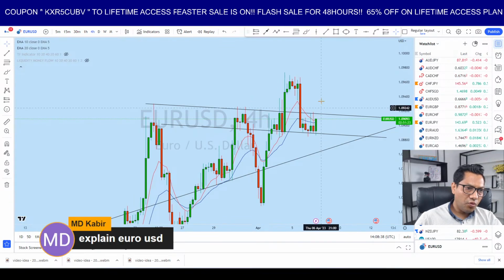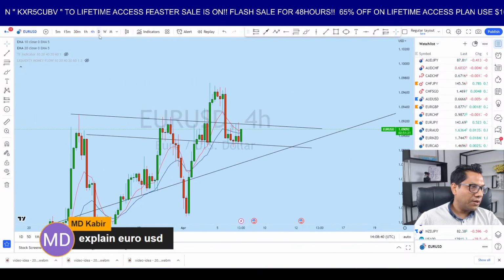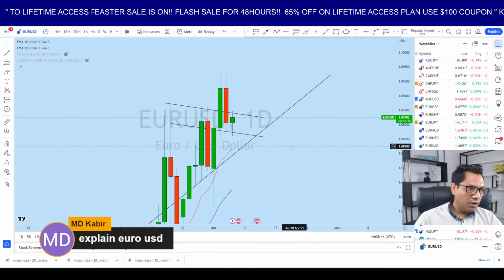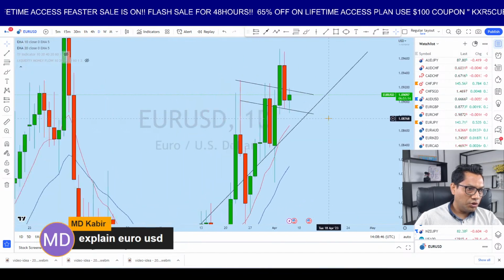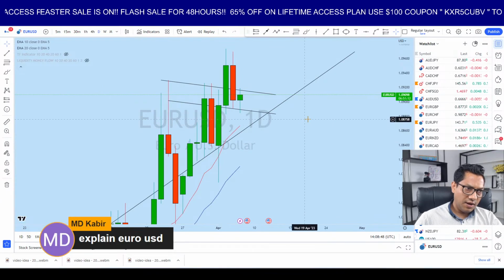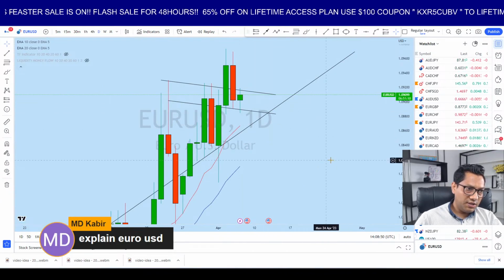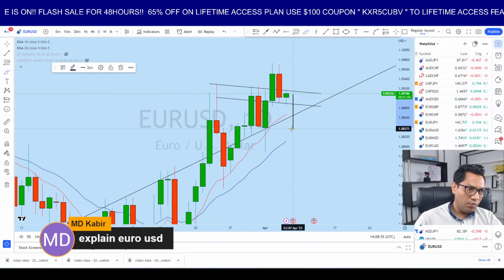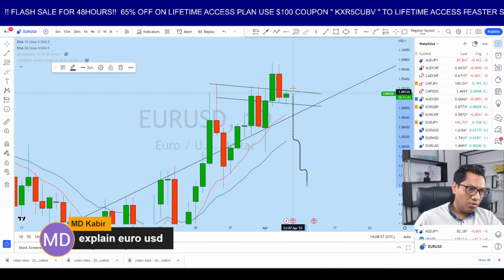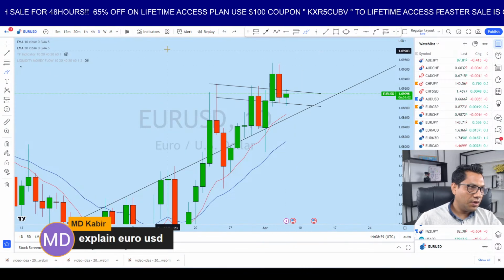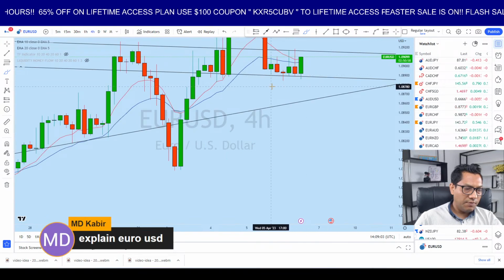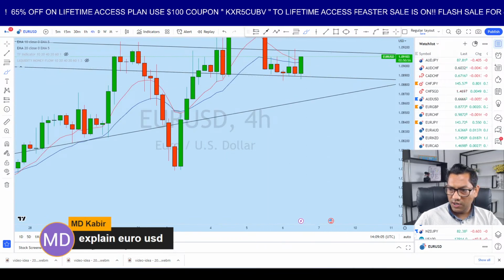If it forms a full bullish market structure, we can look for buying opportunities. But I think we might see a deeper pullback before NFP, and then during the NFP we might see the market going to the upside. So until the NFP we might see this market moving sideways.